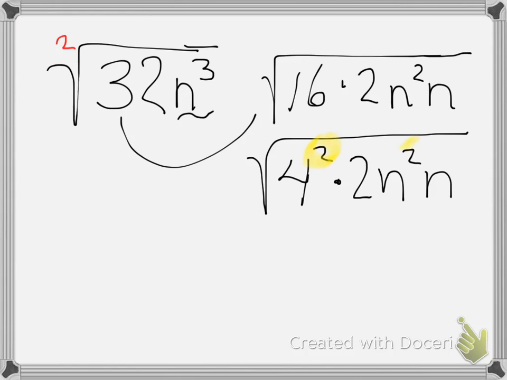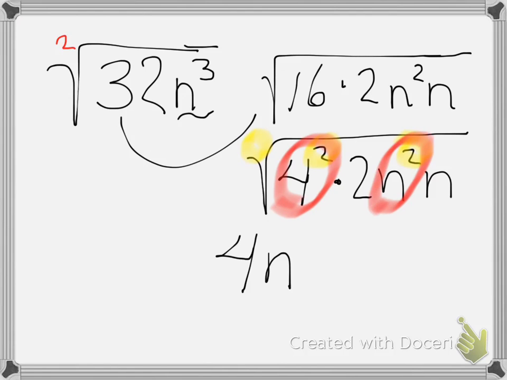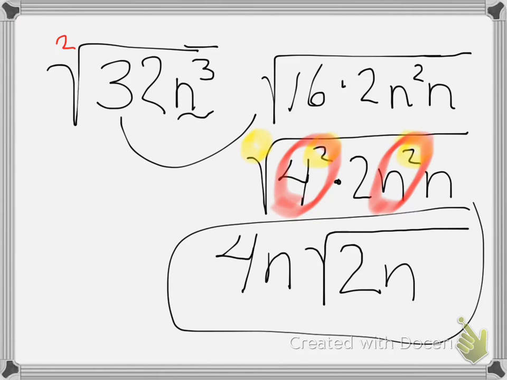Here are my squares that are going to cancel with my index. So I'm going to get 4 and an n, and those are coming from, let me highlight it for you, this and this. Then I still have a radical, I still have a 2 in there, and I still have an n. So there's my final answer.